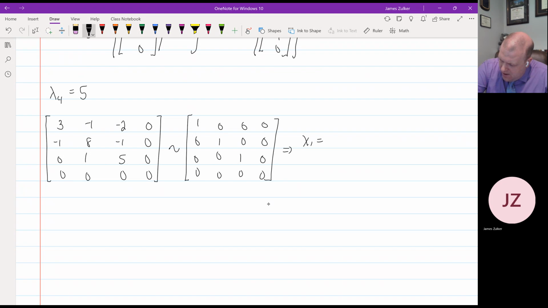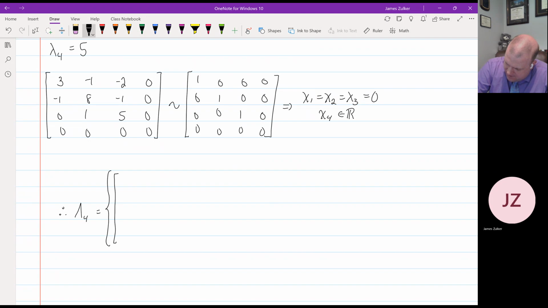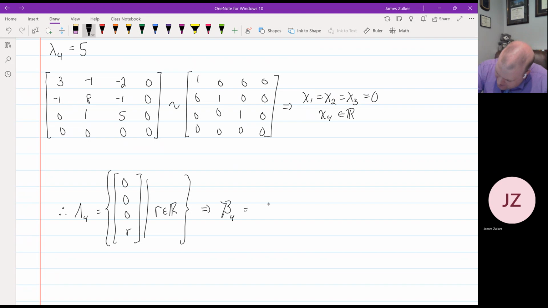Which means that x1, x2, and x3 are all 0, and x4 is any real number. So our fourth and final eigenspace is the set of vectors 0, 0, 0, r. And so we take as our basis the set of the vectors 0, 0, 0, 1.